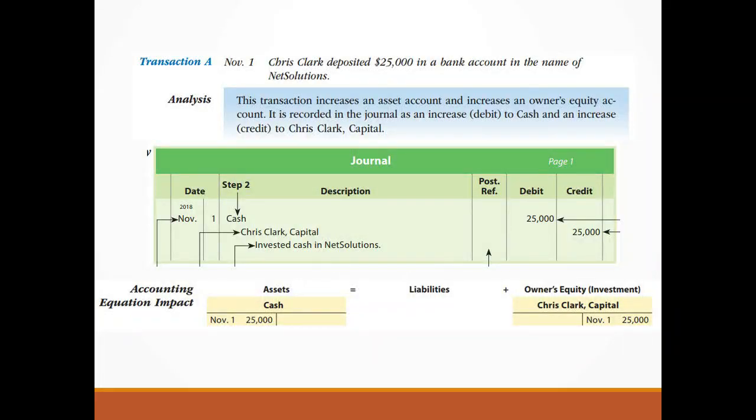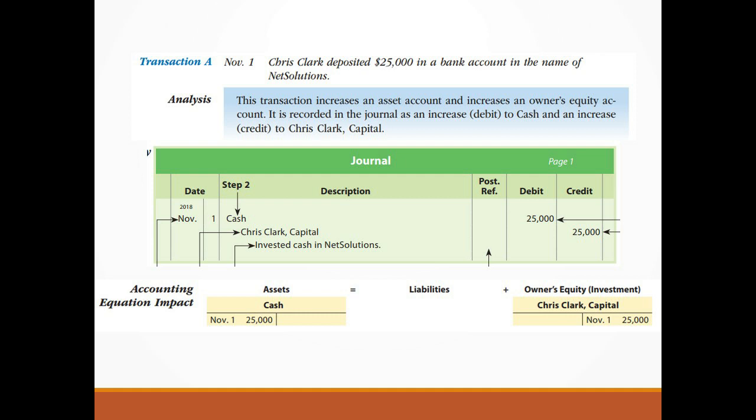Now let's start to journalize the November transactions of NetSolutions. Transaction A. 1st November. Chris Clark deposited $25,000 in a bank account in the name of NetSolutions. The analysis of this transaction is an increase in an asset account and an increase in an owner's equity account.